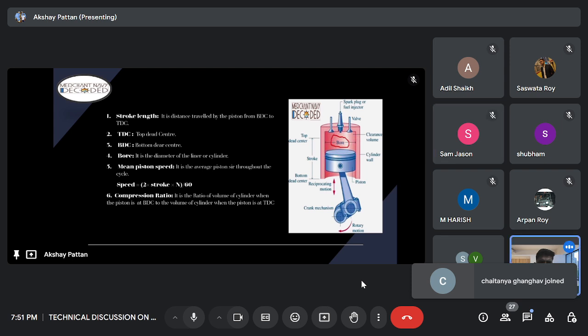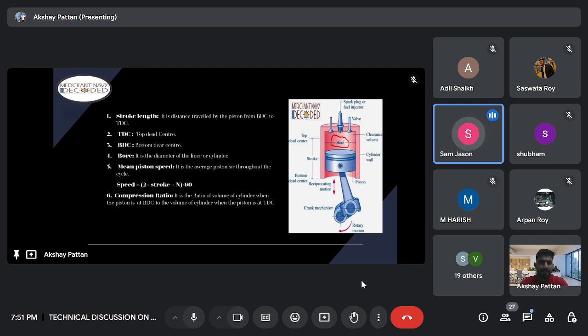I have not heard of a rotary IC engine, because the piston itself reciprocates and the crankshaft converts that reciprocation into rotary motion.